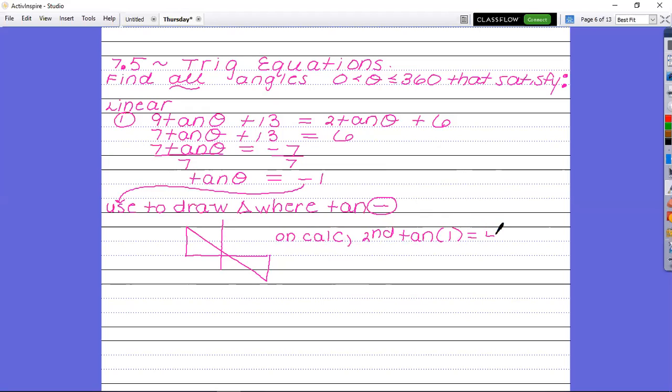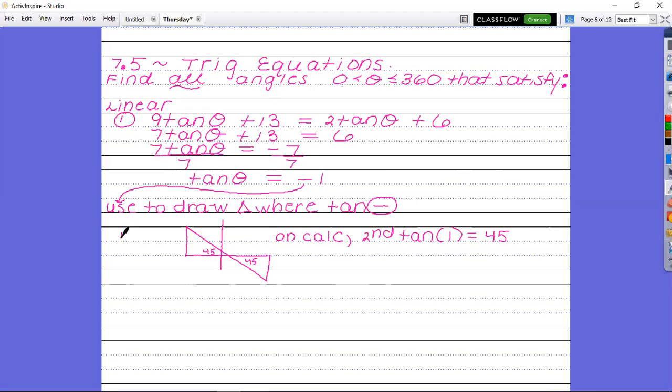And this is equal to 45. 45 is what we consider a reference angle, and you're going to use that to get the 2 answers. Okay? So this is my 45-degree reference angle. This is my 45-degree reference angle.